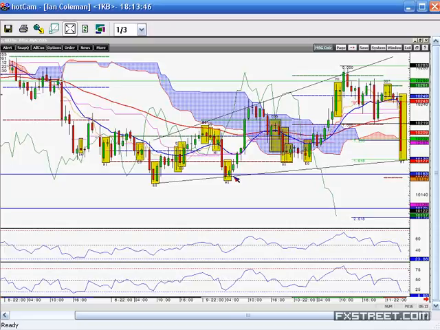Okay, the inside bar shows us that nobody's in control. It's not as good a signal, but it shows that there's indecision at that level. So yet again, we come down, there's indecision at this level, and when we get a break of the outside bar, okay, that's our signal to get long.